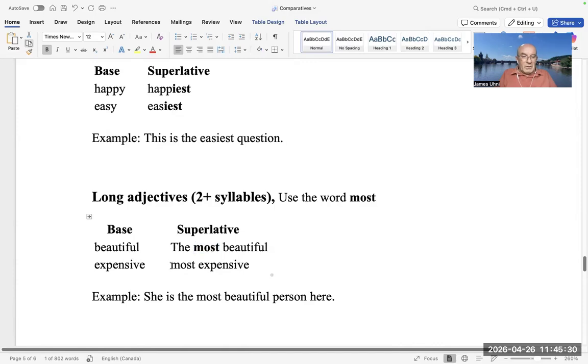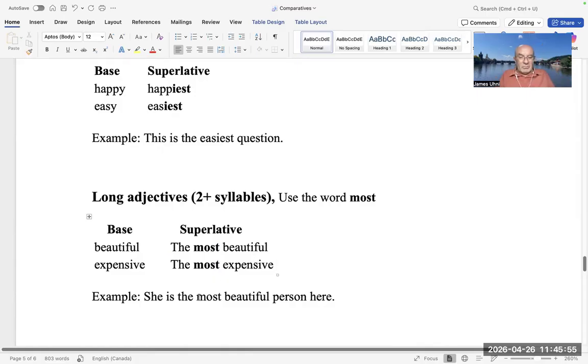Expensive. The most expensive, let's say, dress in the store. So this is incomplete sentence, but explains what are superlatives, and that is very important.